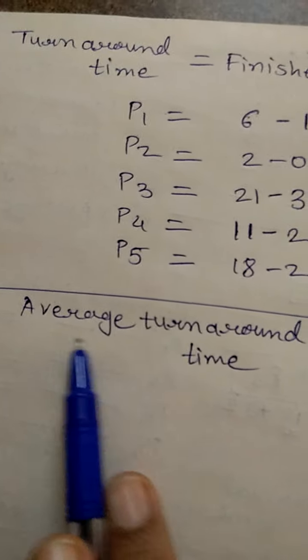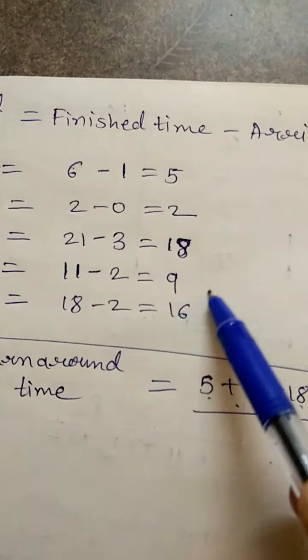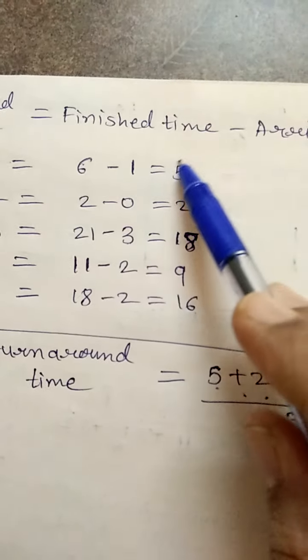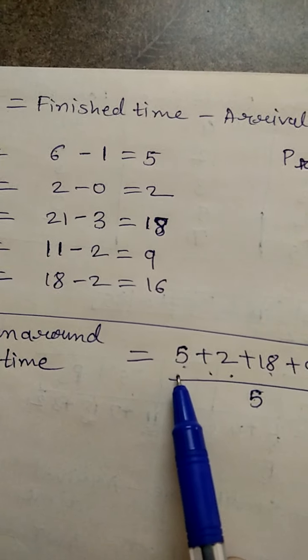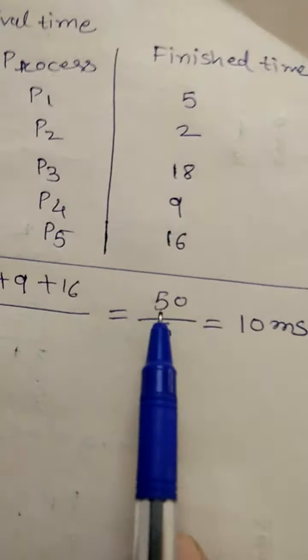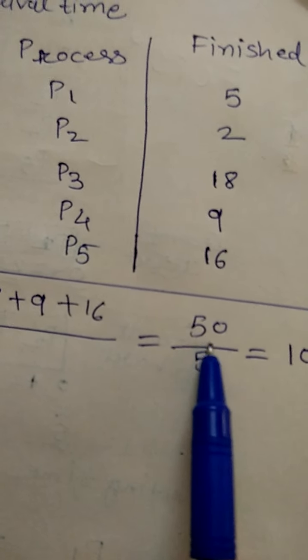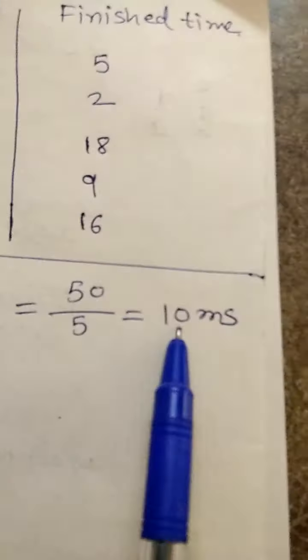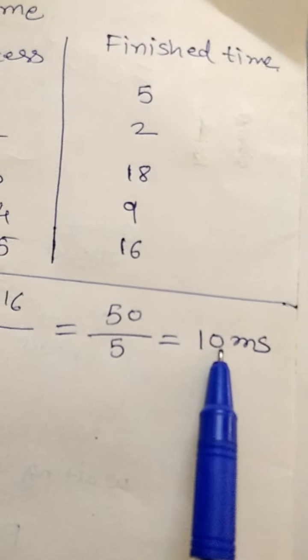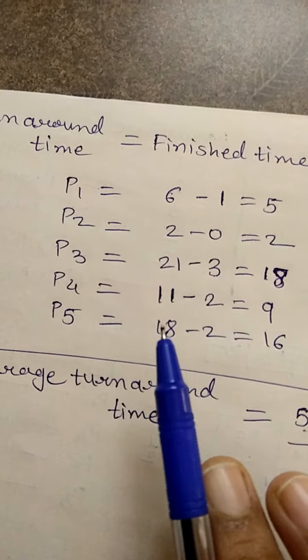Now, to get the average turnaround time, we add these, same as we added the waiting time of each process. We got a value of 50, and 50 divided by 5 gives 10 milliseconds, which is the average turnaround time for the total of 5 processes.